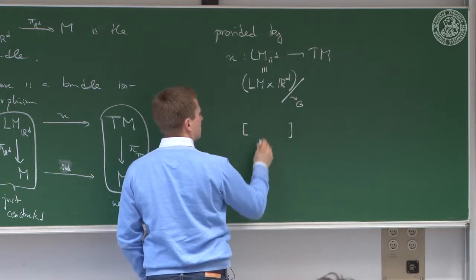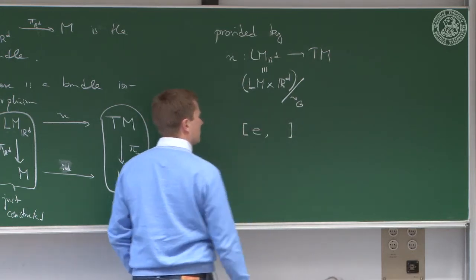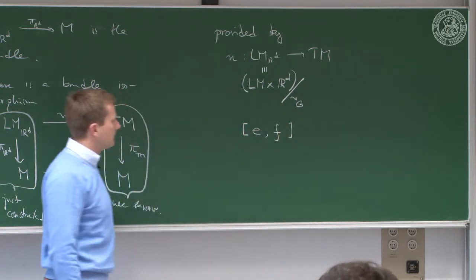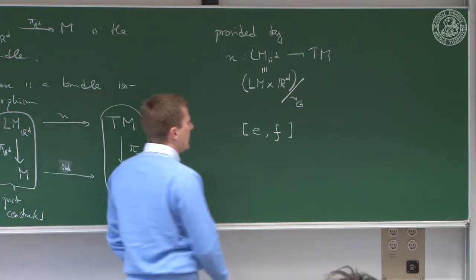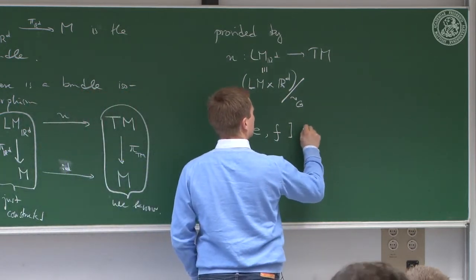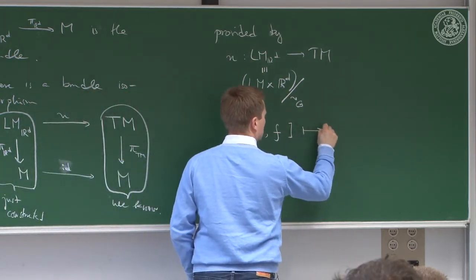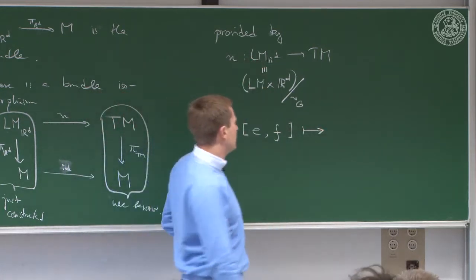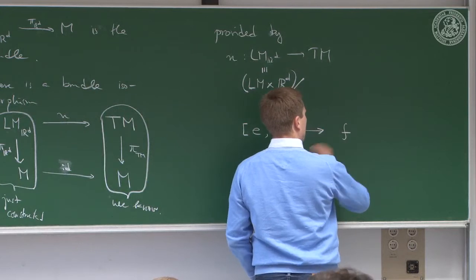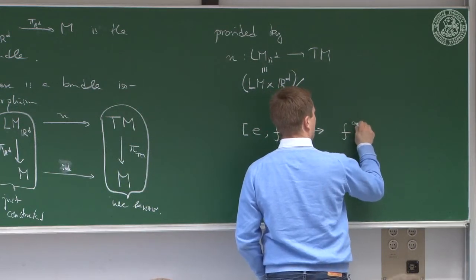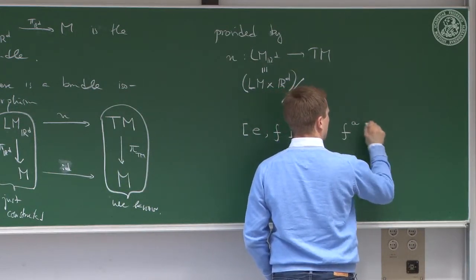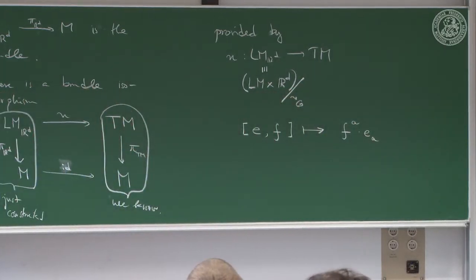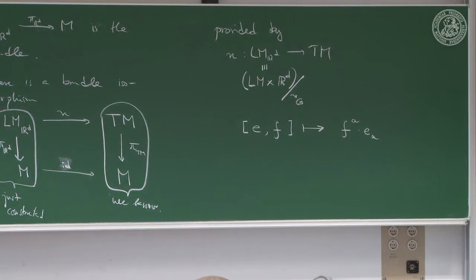And in this case, we take a frame, E, and an element of this fiber, F, and this map sends this to F^a E_a. And that's it, because that's an element of the tangent bundle.